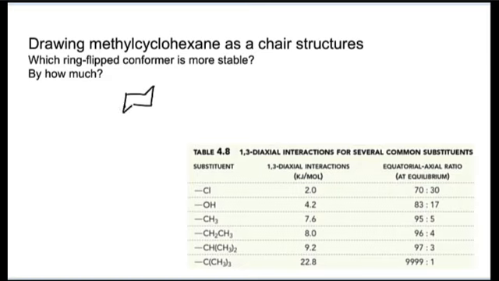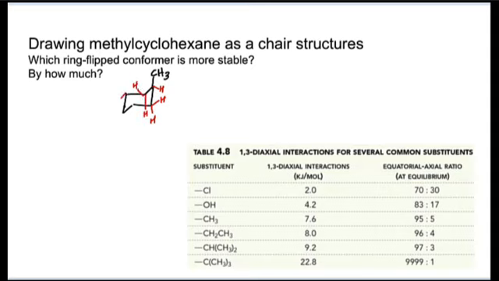So I'm going to draw my cyclohexane chair, and I'm going to put a methyl group on it. In this structure, I'll just put the methyl group upward and axial. I'm going to go ahead and put the CH3 there. And then just for practice, I'm going to go through and put in all these little hydrogen atoms that we know are there.